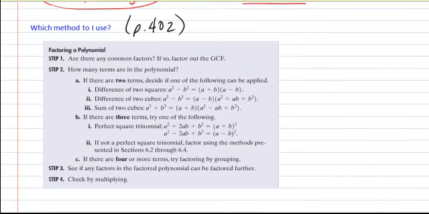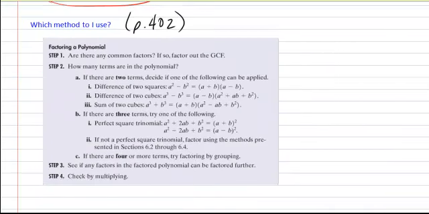To end our discussion of factoring, you can go and look at this graph right here. You can stop the video and copy it down when we're done, but it is also in the book on page 402. And it kind of walks you through which method you're going to use. Of all of these methods we talked about for factoring, the first thing you want to look at is, are there any greatest common factors that I can take out?